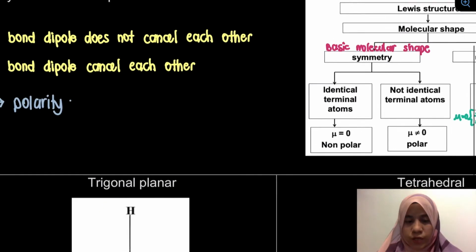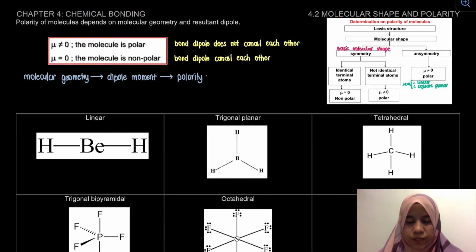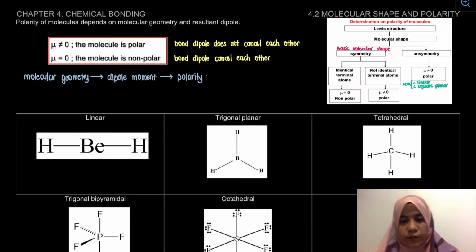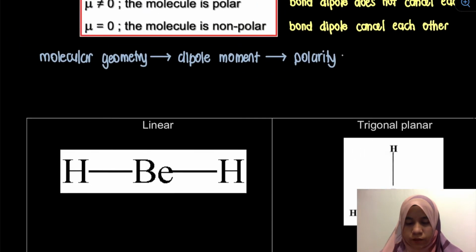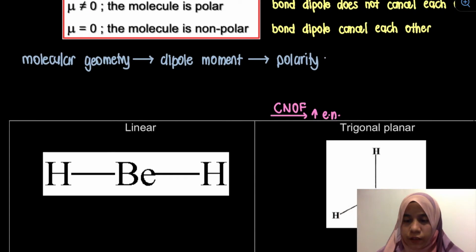So let's look here. Linear: we have BeH2. For beryllium, looking at increasing electronegativity, hydrogen is the most electropositive.